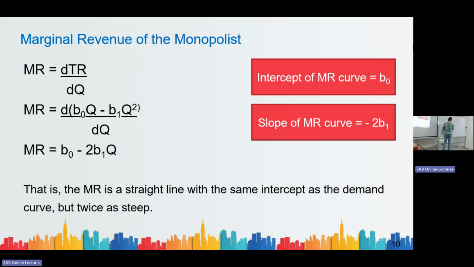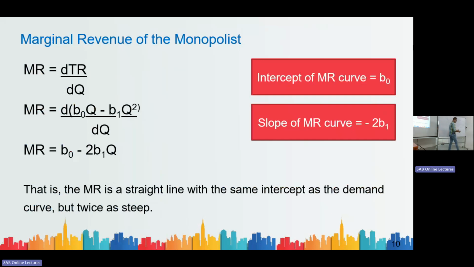It is minus 0.4. So this is the nature of the downward sloping demand curve and the marginal revenue curve for the monopoly. Monopoly faces a demand curve which is downward sloping, and a marginal revenue curve which is twice steeper than the demand curve.